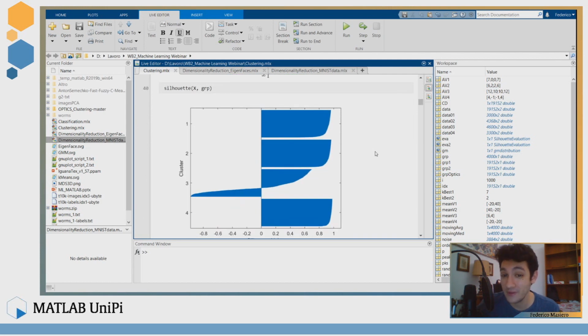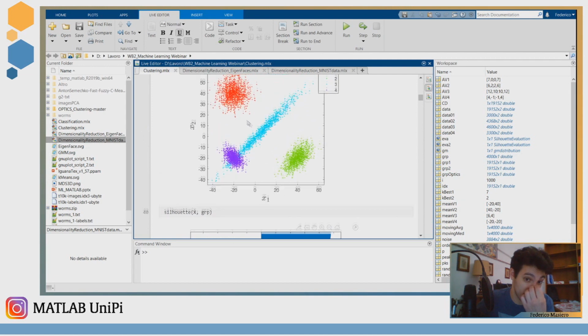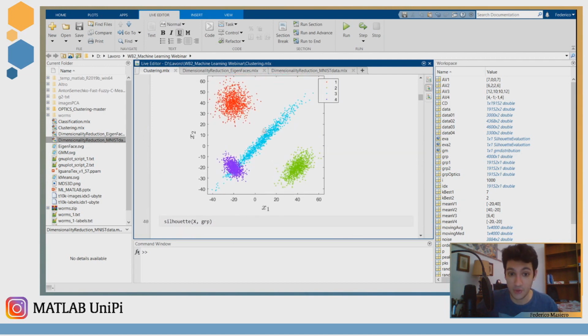And differently from what you may expect, there is a cluster in which the silhouette coefficients are not as good as you want, and this is because this third cluster, the light blue one, is essentially overlapped with the fourth cluster, the purple one.